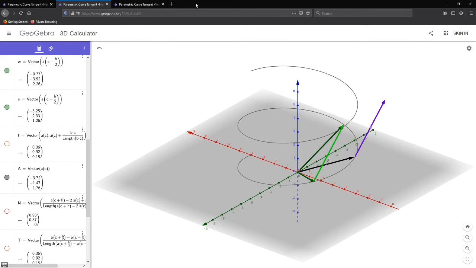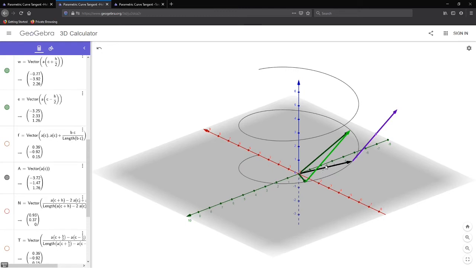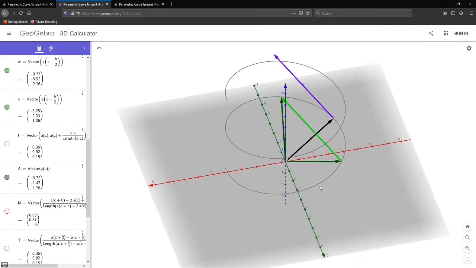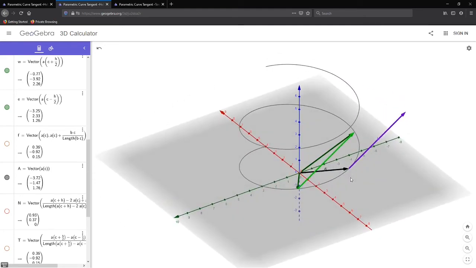So this right here is that same helix, but instead of using the difference between t and t plus h, this first green vector right here is the position vector at t minus h over 2, and this position vector right here is the vector at t plus h over 2. And this vector right here is that difference quotient that I just wrote, r at t plus h over 2 minus r at t minus h over 2, over h.